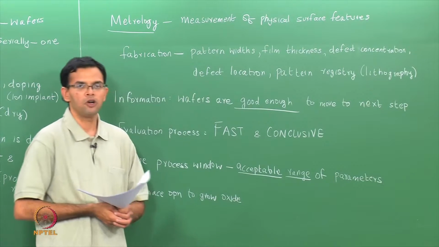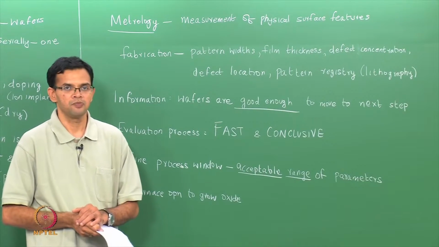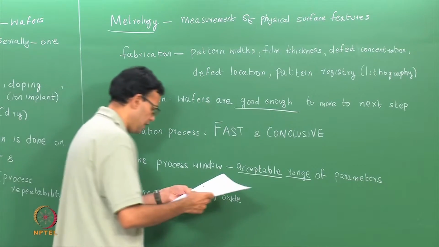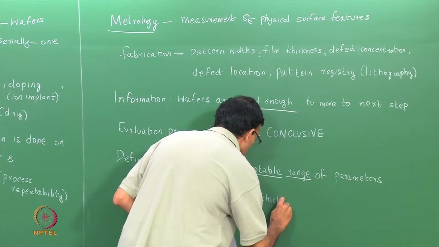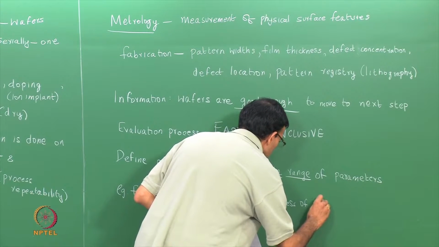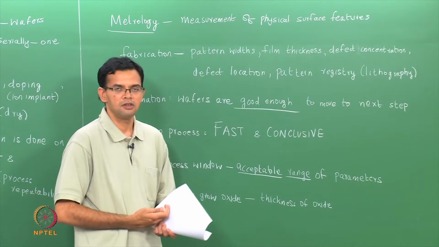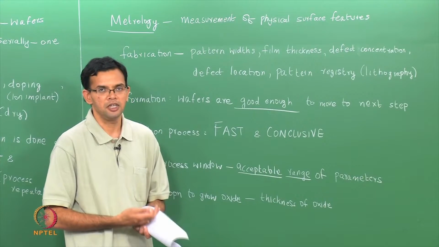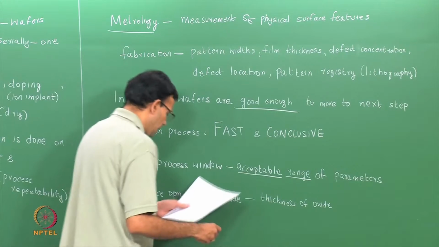So, if you think about oxide growth, the important process parameter is the thickness of the oxide layer. Any furnace operation can also cause defects in your sample. So, a defect density is another parameter.